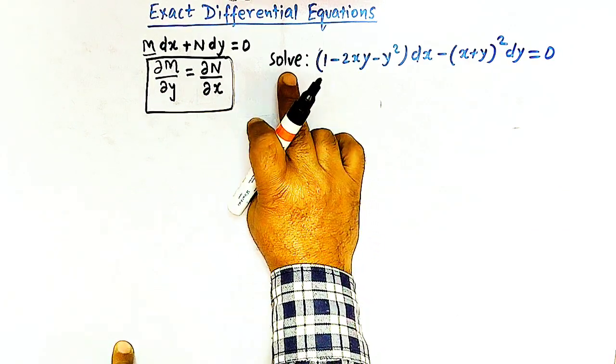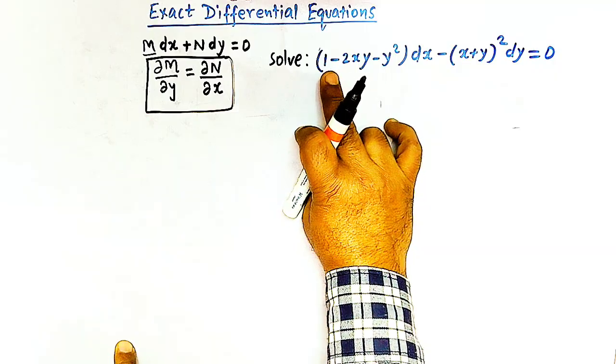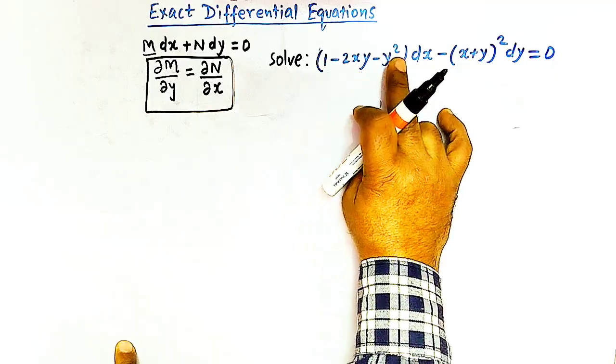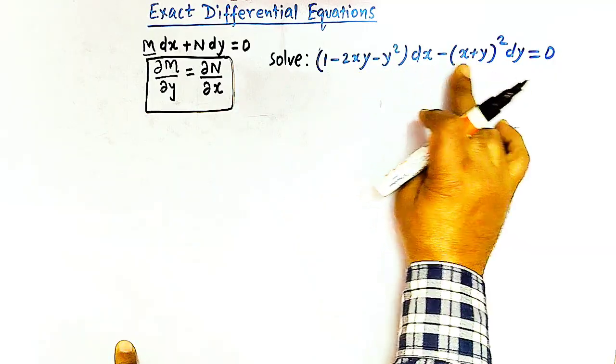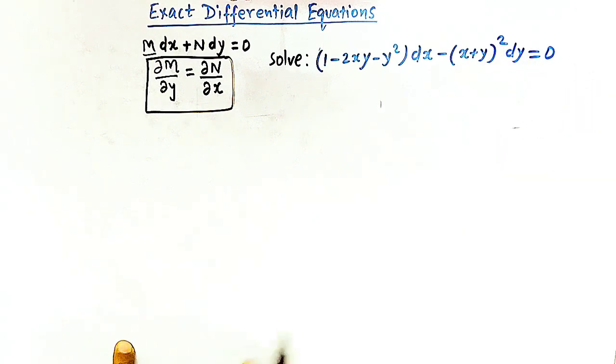So now consider this differential equation. So here we have to solve 1 minus 2xy minus y square dx minus x plus y whole square dy is equal to 0.